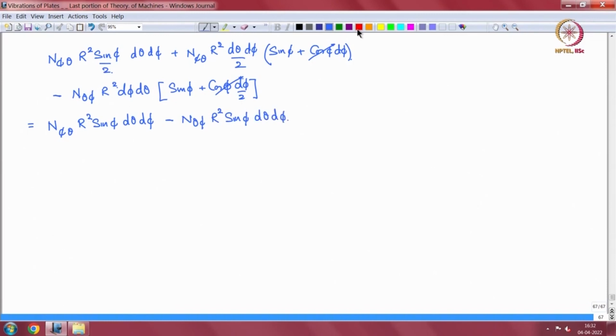Okay, these are different, mind you. This is n theta phi, this is n phi theta. So that's one set of terms, the moments due to force resultants.